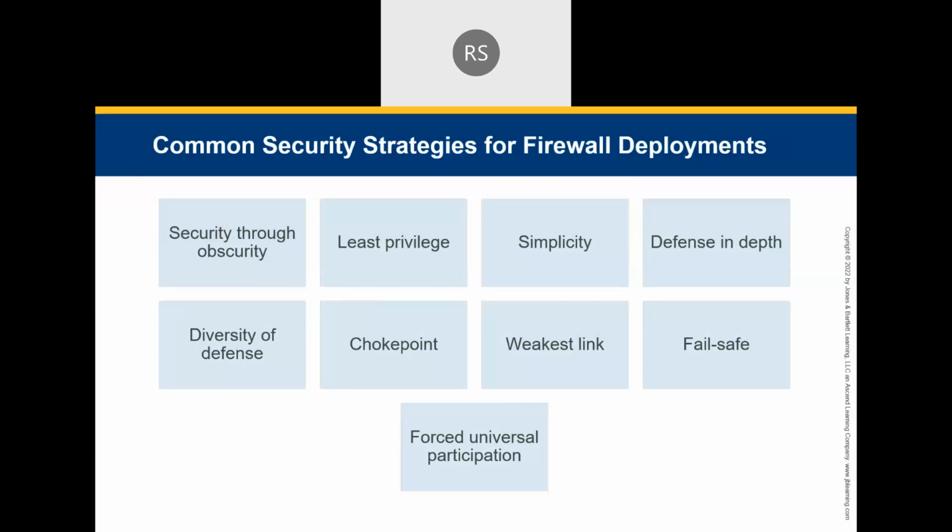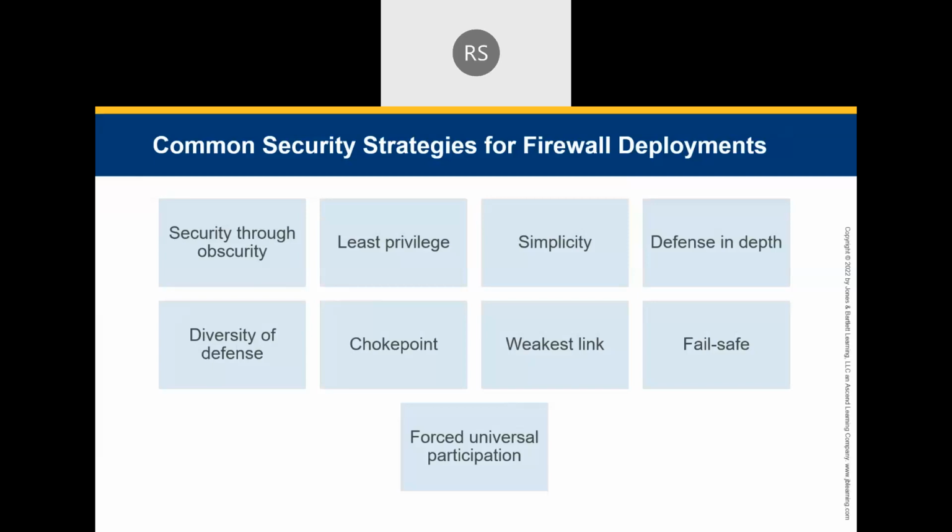So you establish choke points to exert control over the data flow and enhance the security monitoring. You also want to identify and strengthen the weakest link in the security chain. So you focus on fortifying those vulnerabilities that could be exploited by attackers.